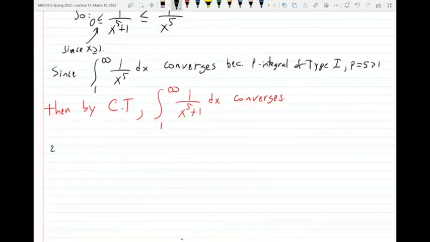All right, so let's see. Number 2, another one: the integral from 1 to infinity of (1 minus sine x) over x squared. This is a case in which you really want to use this theorem, because this is not something you may want to try to solve by hand.